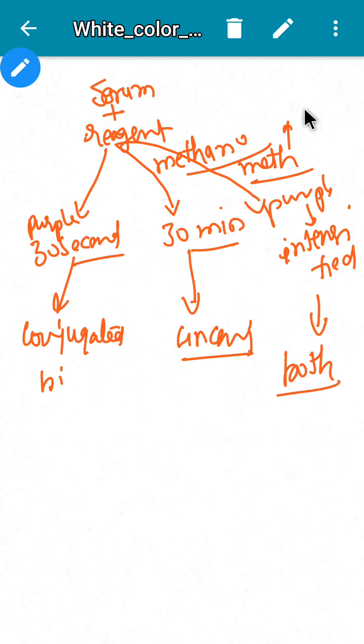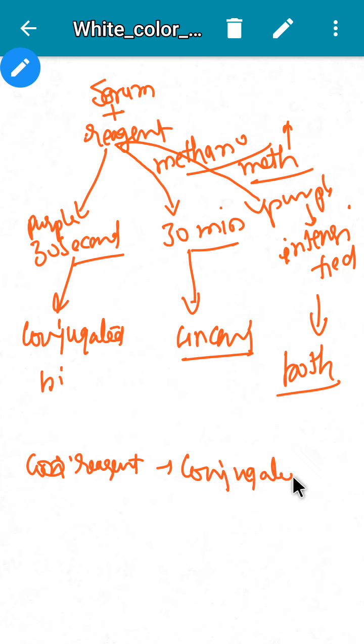The reason why we are adding methanol is that the Van den Bergh reagent reacts with conjugated bilirubin because it is soluble.